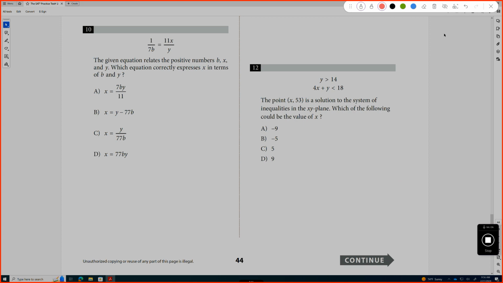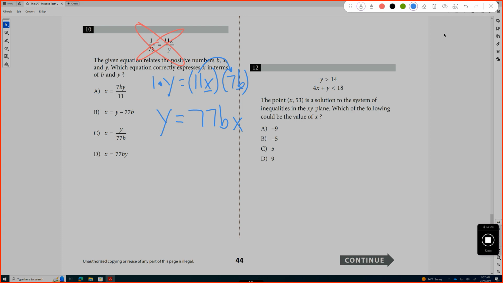All right. So what we have here is a proportion. So I'm going to cross multiply like that. You know this. So that means that 1 times y is 1y, which is equal to 11x times 7b. So 1 times y is y, and that's equal to 11 times 7, which is 77, right? And b times x, let's have it in alpha order, is going to be bx.